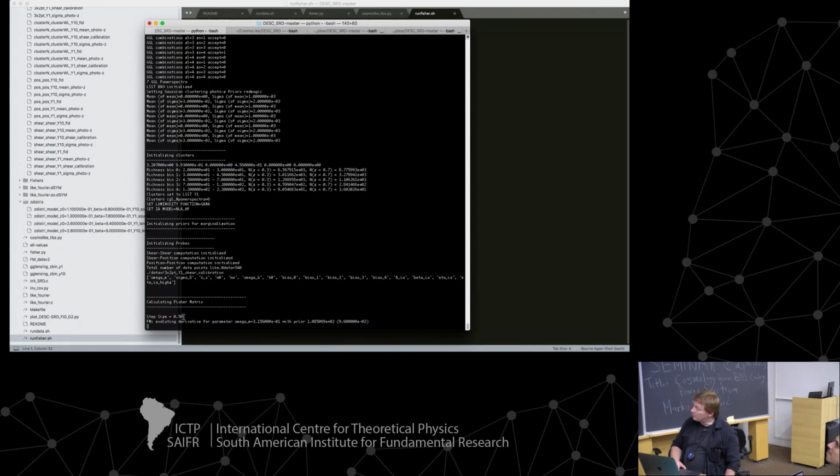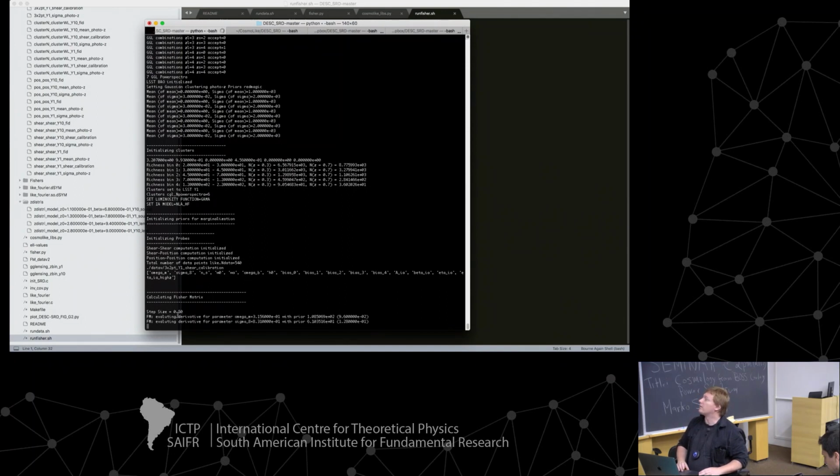This parameter here is the step size for the numerical derivative. So that is basically the separation in parameter space. You define min and max in parameter space, and then you divide that. This number doesn't directly translate to something that's meaningful.